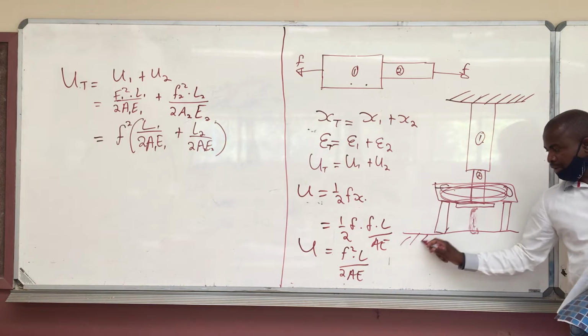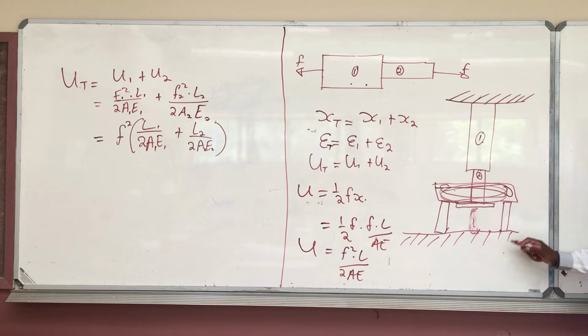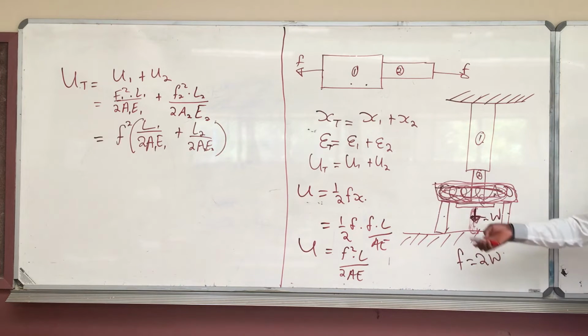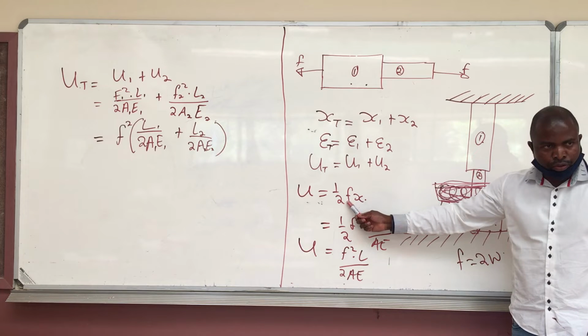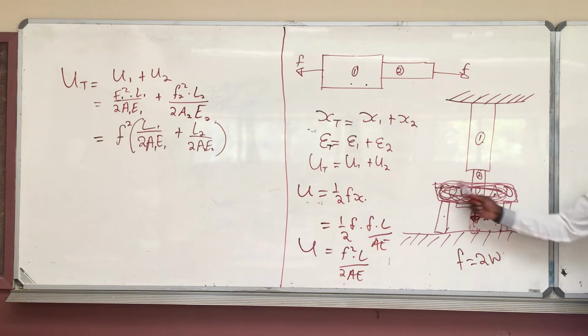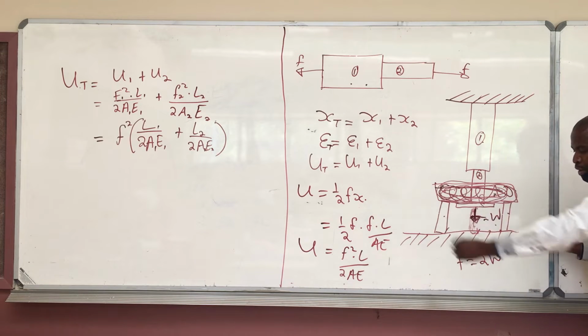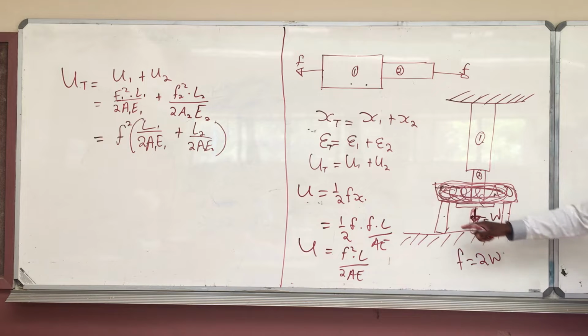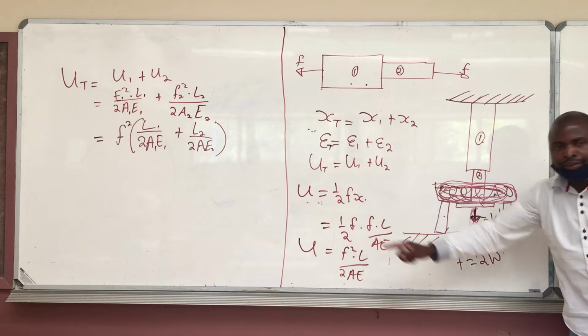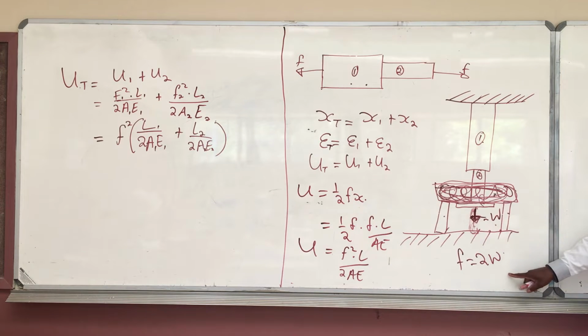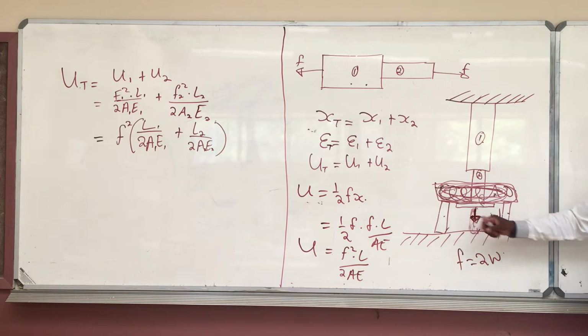So this is the ground. As I put these two blocks, this weight is your applied force. With the two blocks, when you remove this block gradually, F is equal to W, the weight of this one. But if you suddenly remove it, it's twice. Your force is twice the weight.